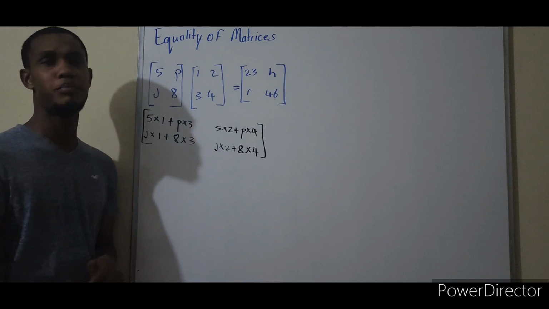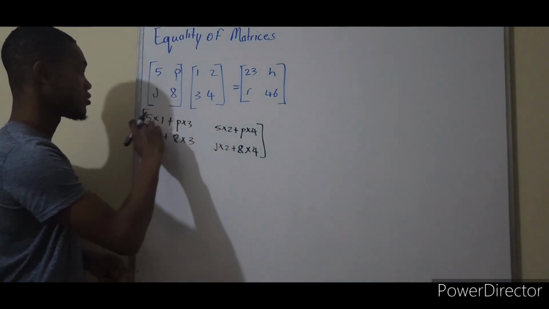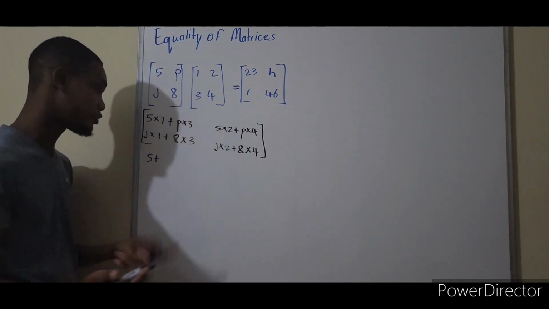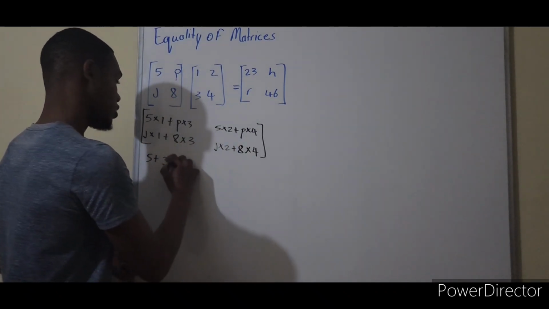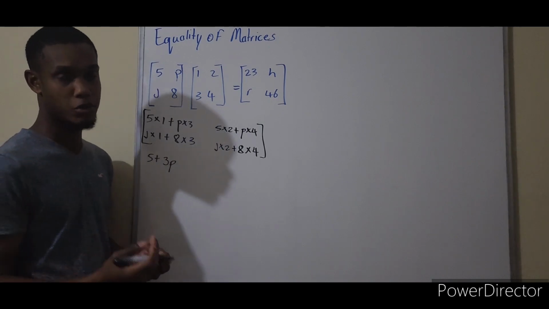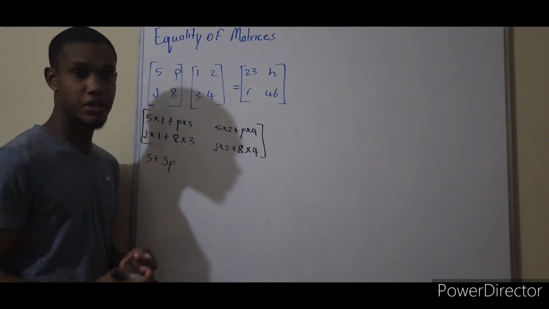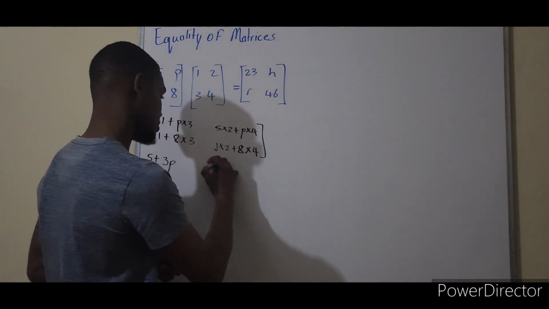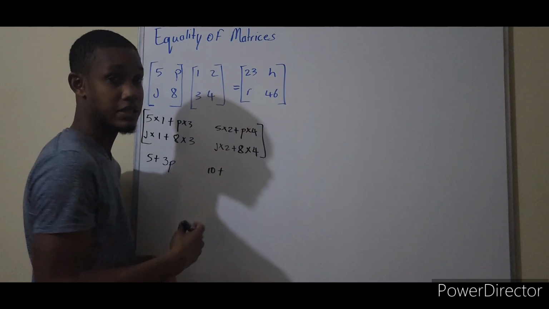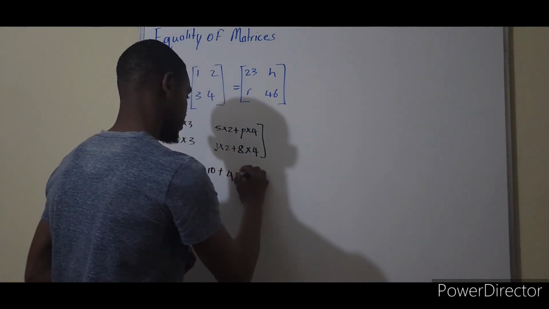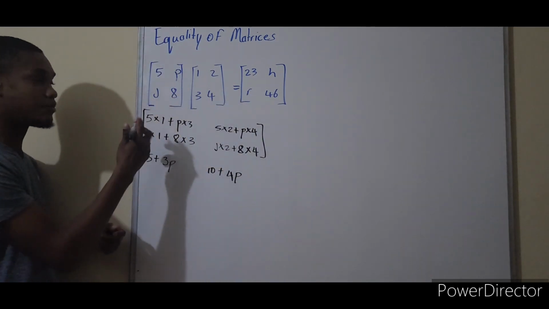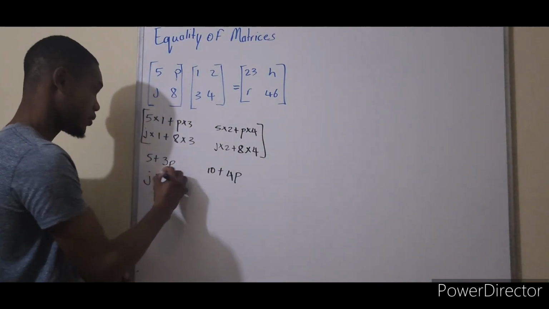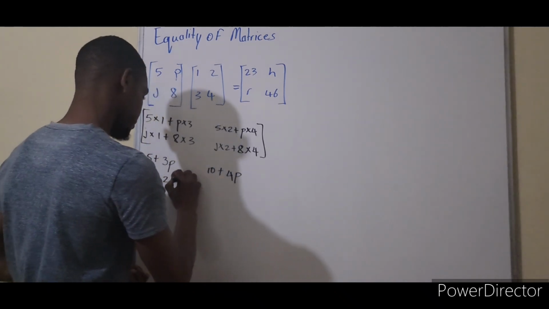When you get here, you simplify the matrix as usual. So 5 times 1 is 5, plus p times 3 is 3p, or p3, it doesn't really matter the order that you write it in, because multiplication is commutative. On this side, 5 times 2 is 10, plus p times 4, 4p. And you come here, j times 1 is 1j, or you can just write j by itself, plus 8 times 3, that's 24.